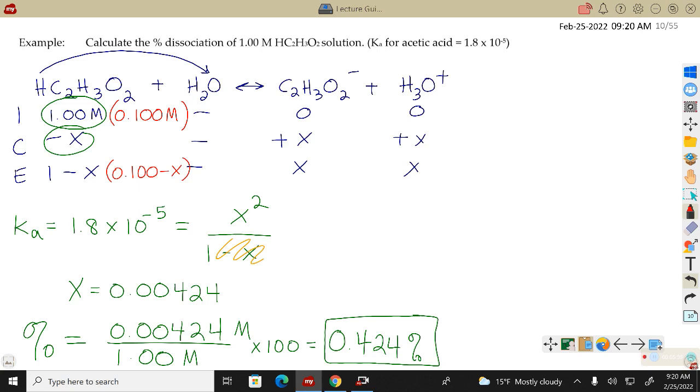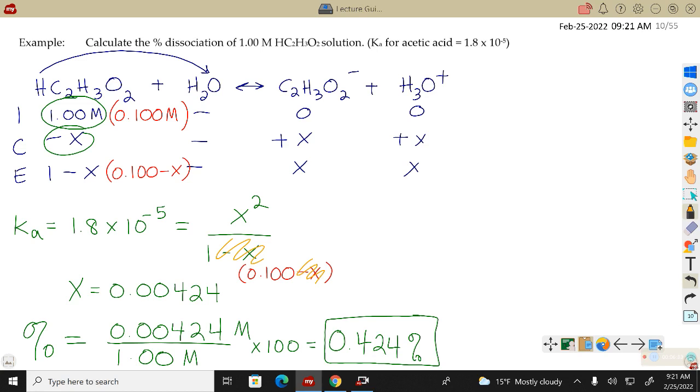Everything is really similar again, but down here in the denominator, this would be 0.1 minus x. I can still get rid of that minus x because the K value is still tiny. K values are only temperature dependent, so as long as we're at the same temperature, that K value is always the same. Unless they tell you otherwise, we're always going to assume constant temperature.